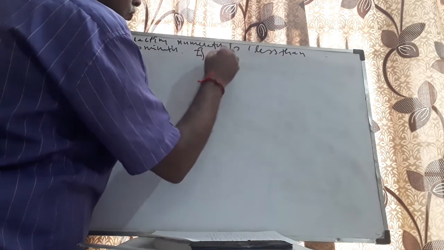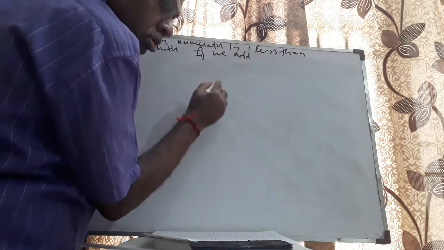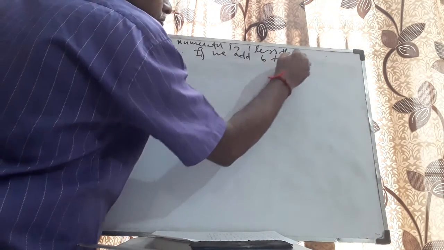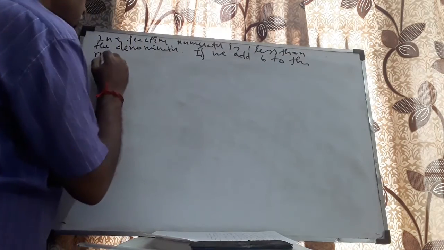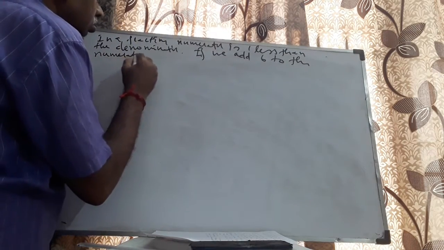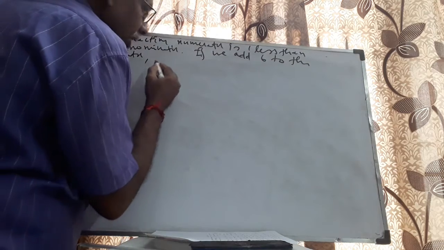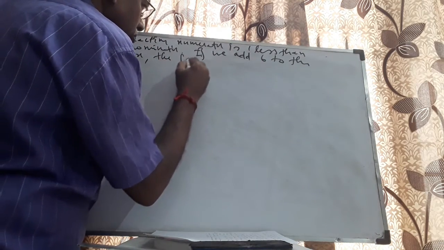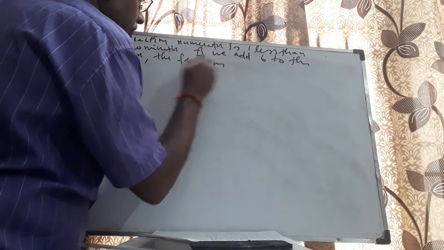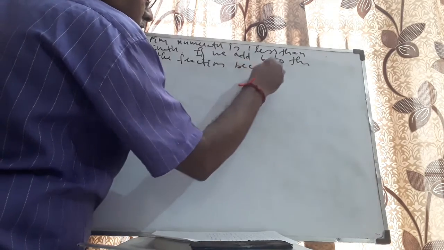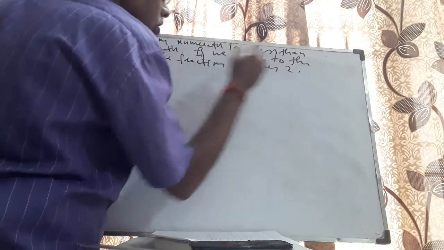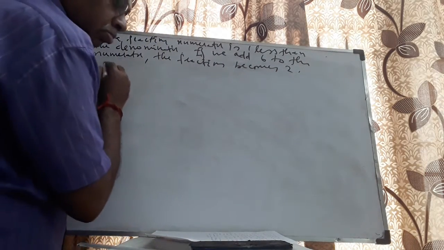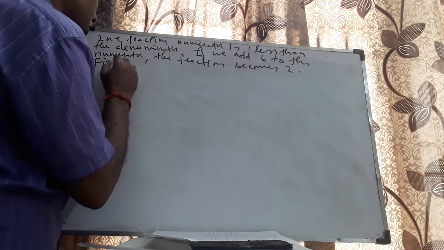If we add 6 to the numerator, the fraction becomes 2, or 2 by 1, both are same. Okay, find the fraction.